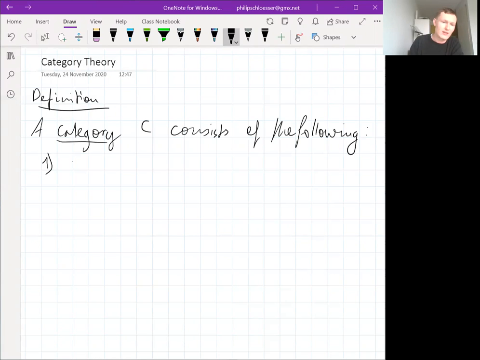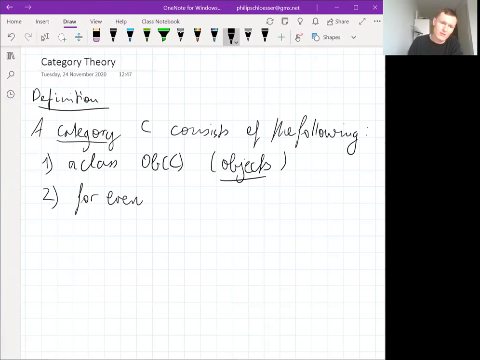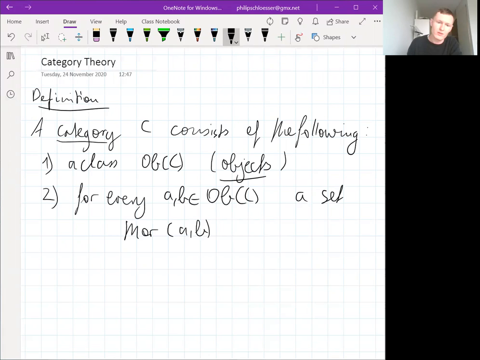It consists of a class ob C called the objects of C. And for every pair of objects A and B, we have a set more AB called the morphisms from A to B.